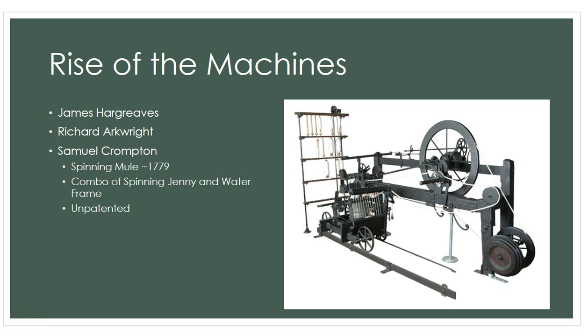Around 1779, a man named Samuel Crompton combined the spinning jenny and the water frame to create what he called the spinning mule, or what came to be known as the spinning mule. And this machine is really the one that takes off during the Industrial Revolution.